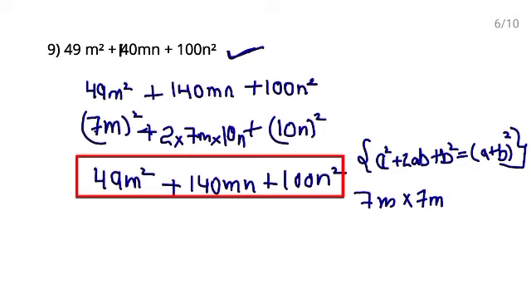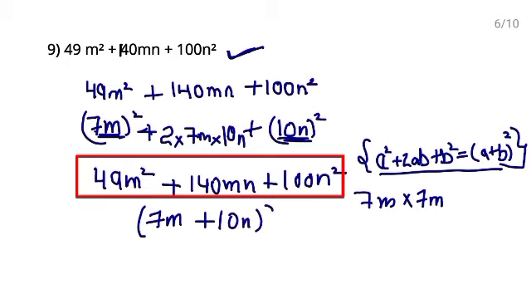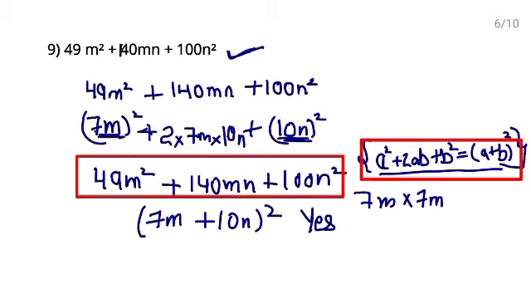And this is also following the identity, so we can also write it as a which is 7m plus b 10n whole square, right? So this is the perfect trinomial square. So the answer will be yes. Students, you just have to check whether it is following the identity of plus or minus or not. If it is following then yes, otherwise no.